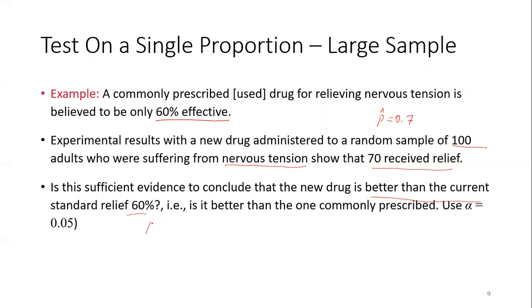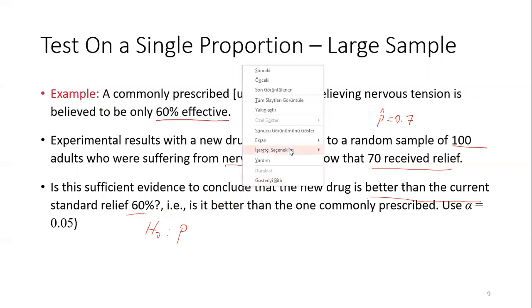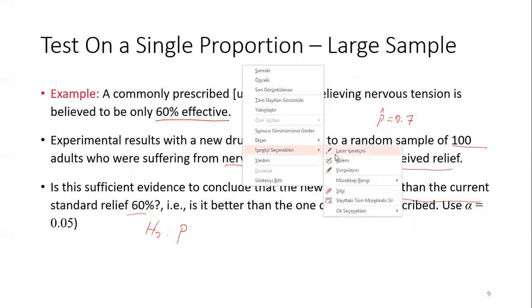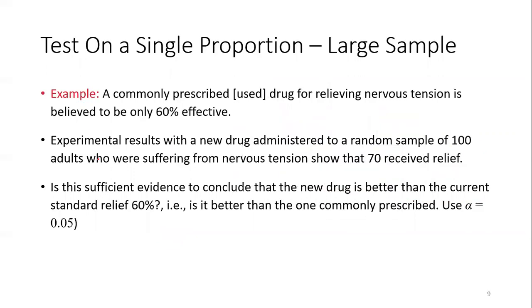First let's define P: P is the relief rate for the new drug.